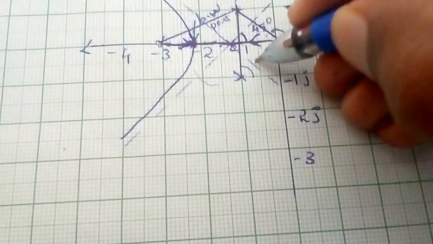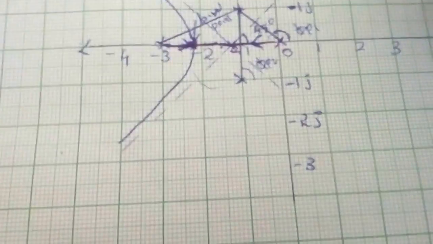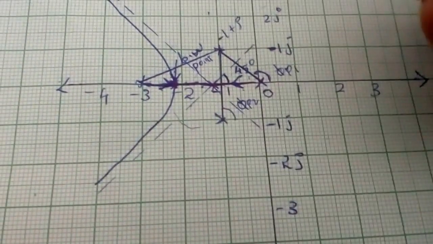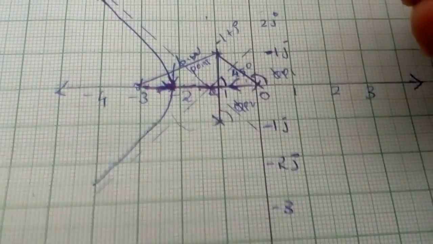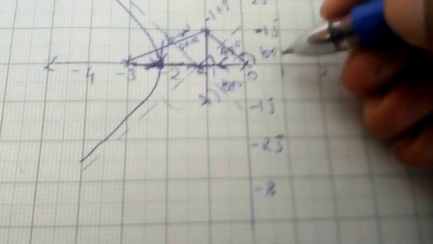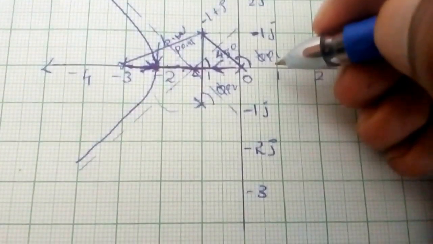this is phi p2. On closer look, we can be sure that phi p2 is 90 degrees, and we need to find phi p1 using a protractor.